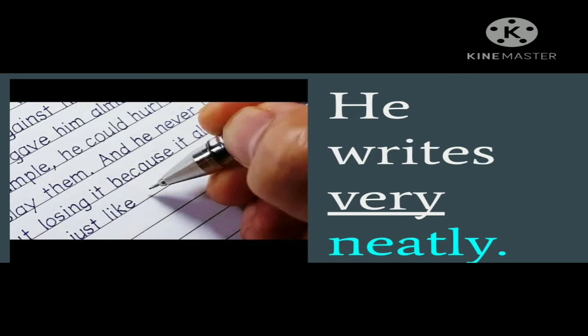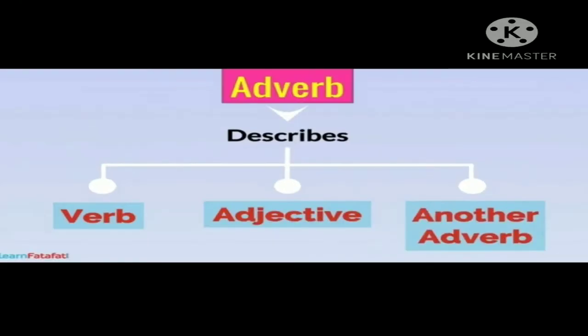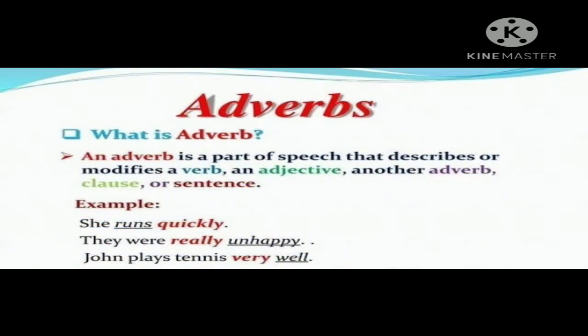But how neatly does he write? Very neatly. The word very describes neatly, the adverb. So the words which explain other adverbs are also adverbs. So, adverbs are the words which modify or describe or tell more about the verbs, adjectives, and other adverbs.